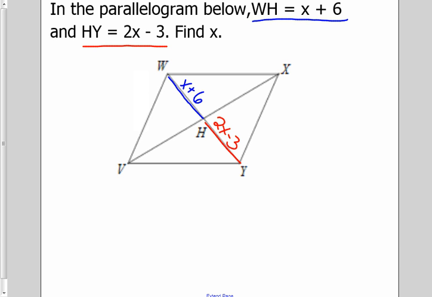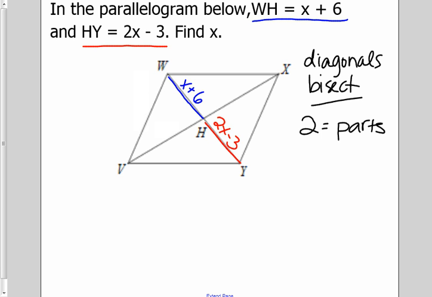Find x. Okay, well again, one of the properties of the parallelogram says that the diagonals bisect each other. Okay, so remember we said the word bisect means it cuts into two equal parts.